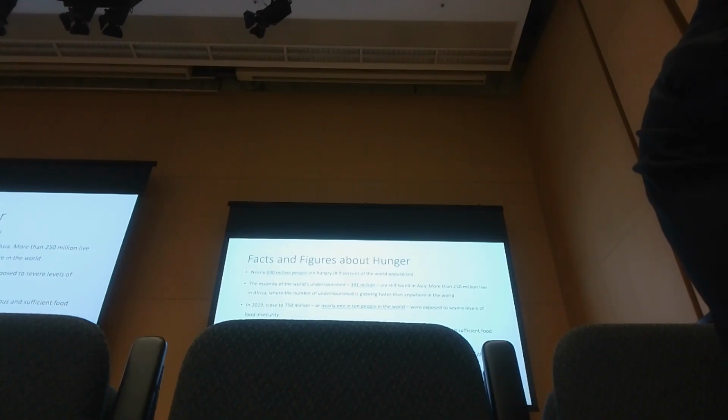1/10 people in the world are exposed to a severe level of food insecurity. So this is not considered just the hunger problem, but also other safety and nutrition levels that are taken more into consideration. 2 billion people did not have regular access to safe, nutritious, and sufficient food in 2019.